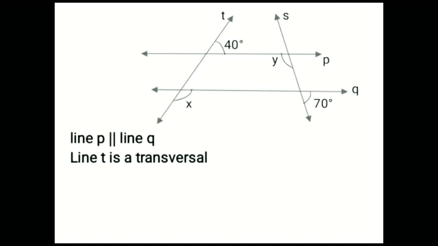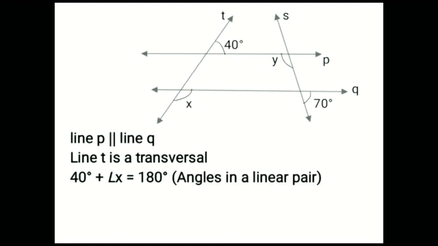When an acute angle and an obtuse angle combine together, you have to use the formula of angles in a linear pair by taking their sum. 40 degree plus angle X is equal to 180 degree. Reason is angles in a linear pair. Now you have to solve like an equation sum.